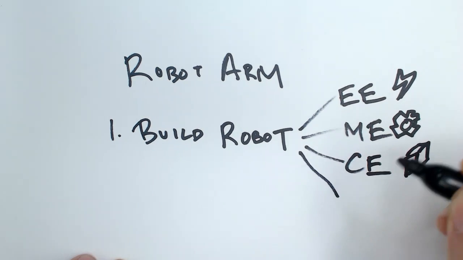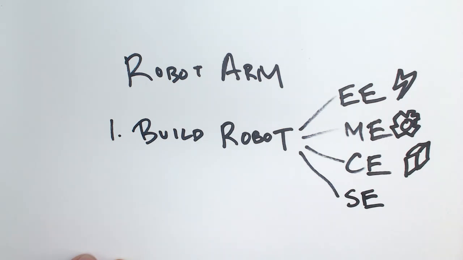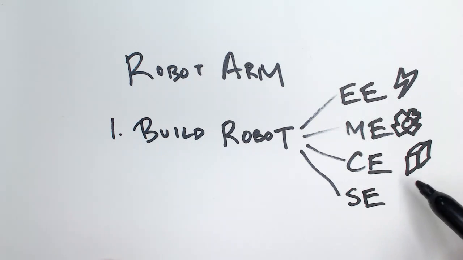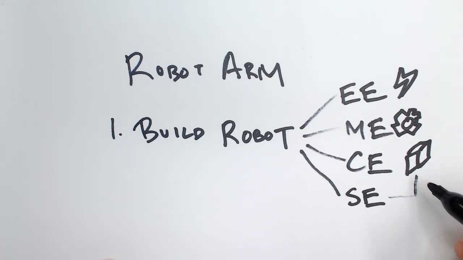And then lastly, SE, software engineering. That's the part where you tell the robot what to do. So there has to be something that goes into the computer. The software actually goes into the computer. One way you can think about it is that the computer is kind of like your iPhone or your Samsung phone.